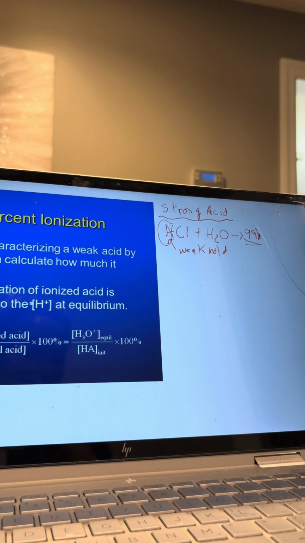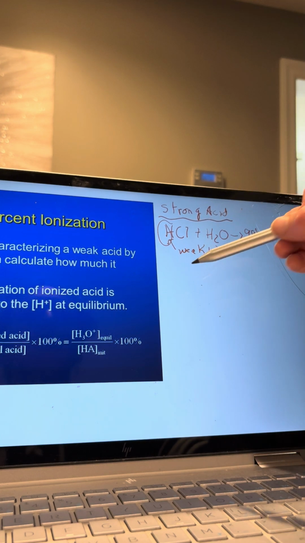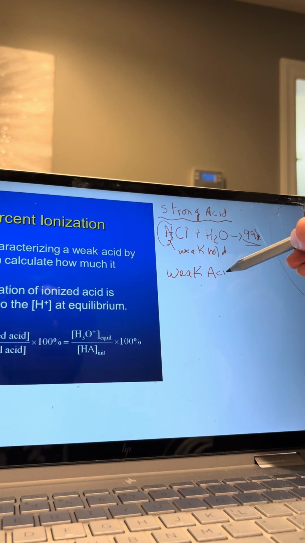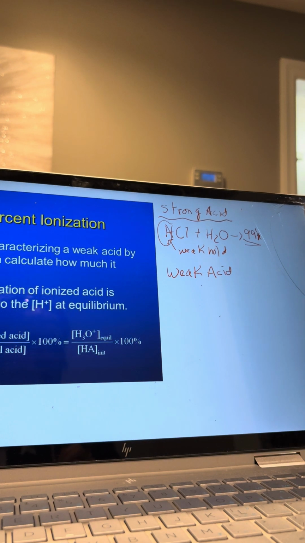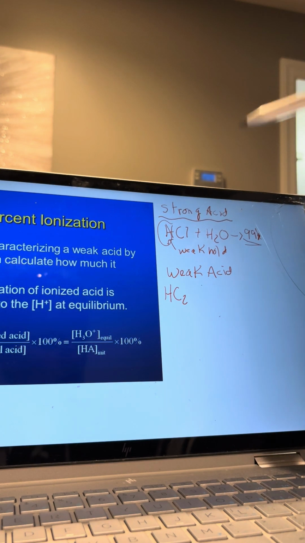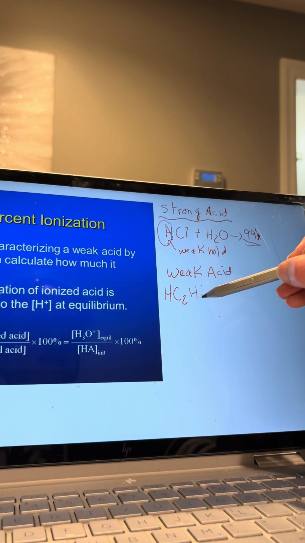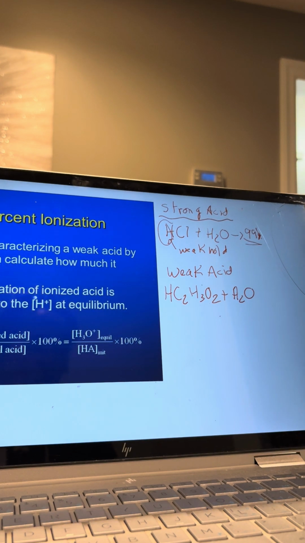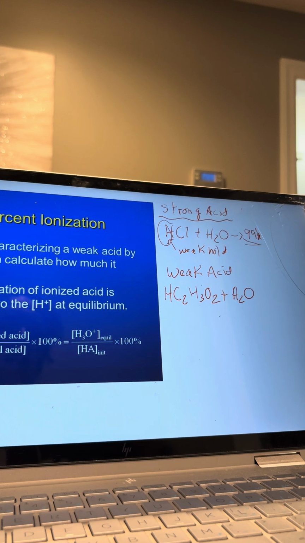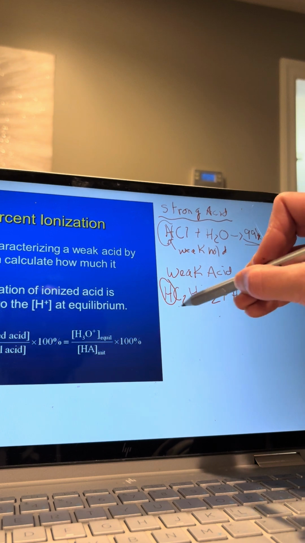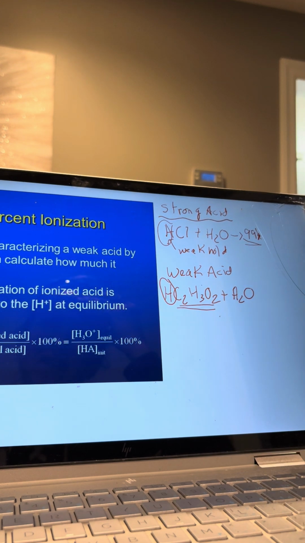Okay, now what if we were to compare it to a weak acid? I already mentioned to you guys that acetic acid is considered a weak acid. So if we were to talk about something being a weak acid, what would we say? In this case, the hydrogen here actually is held pretty tightly to this ion.